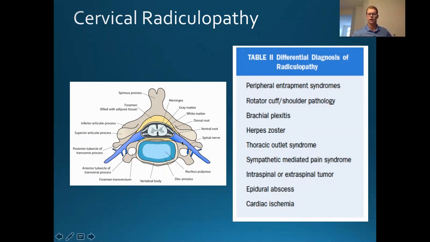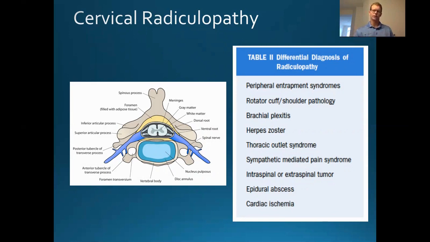So we need to make sure that it's truly the nerve root versus maybe something peripheral to the nerve root. Also the rotator cuff, more non-musculoskeletal things. We could think that it's more of a herpes zoster that could be mimicking these types of symptoms. So with herpes zoster, they have band-like numbness or pain that goes across their chest. It's dermatomal in nature. We just need to make sure that it's not just the nerve root that's affected.